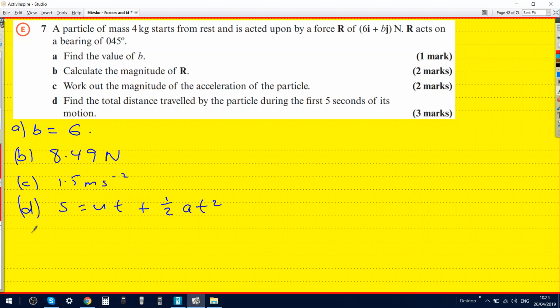Yeah. So that'd be 18.75. 18.75 meters. 7.